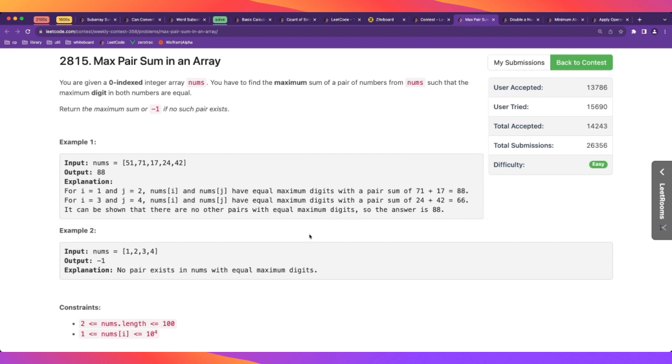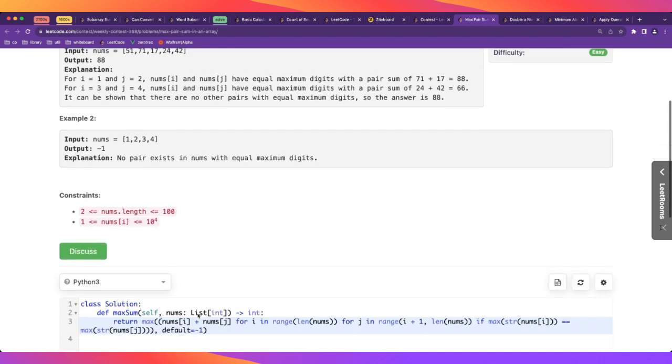But let's think about it a little bit. I'm going to try to solve the problems in different ways, because I think that's a good way to learn the concepts and not just one specific way to solve them. So let's try to find a faster way to solve it. Maybe a linear way.